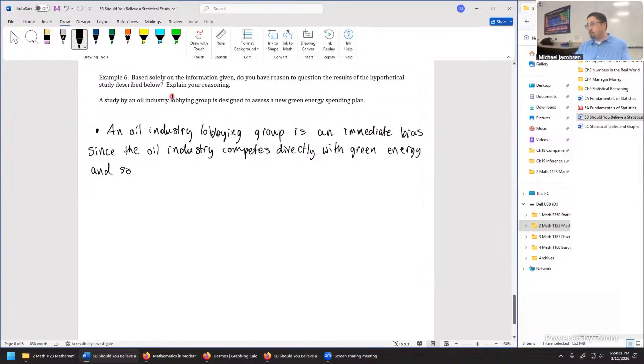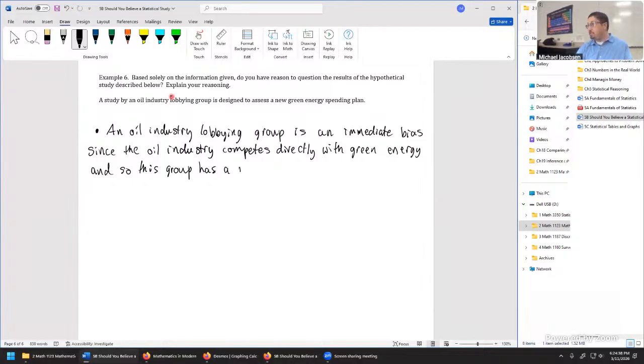going back to this group right here, this group has not just a financial interest, they have a major financial interest that could potentially be in the billions of dollars.